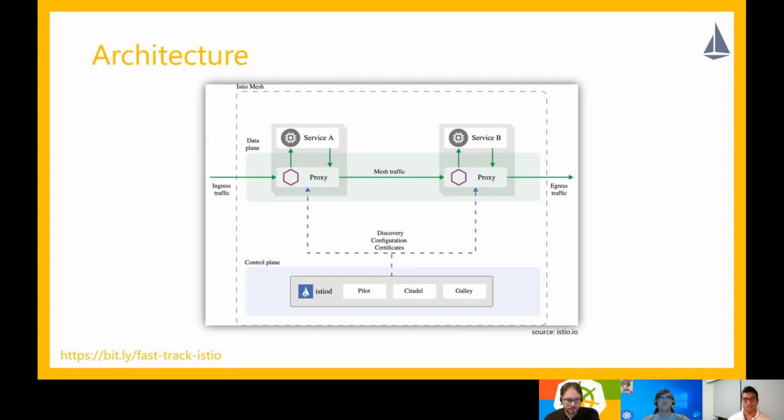Otherwise, there is not as much communication as there used to be when Istio in itself was made up of a bunch of microservices. The communication is pretty much reduced. The components within Istio still talk to each other, but since they are within a single binary, it doesn't add a lot of chatter within the cluster.